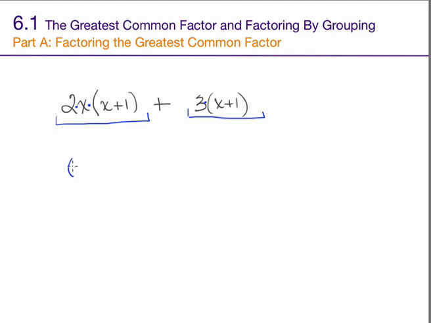That would be the factor x plus 1. It's the thing multiplied by the other things in each term, which is common in each term. In order to get 2x times x plus 1, I could multiply x plus 1 by 2x. And to get 3 times x plus 1, I could multiply x plus 1 by 3.